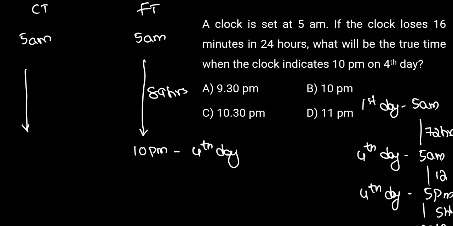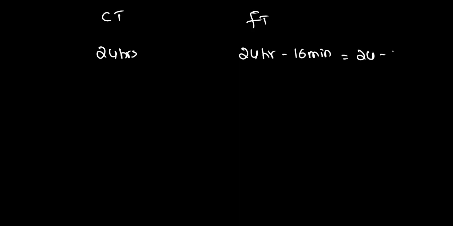Now, how to map that, sir? If the correct time is 24 hours, the fall time is how much? It is losing, so 24 hours minus 16 minutes. 16 minutes is nothing but 16 divided by 60, converting to hours, which is 4 times 4 15s. 360 minus 4, 356 divided by 15 hours.